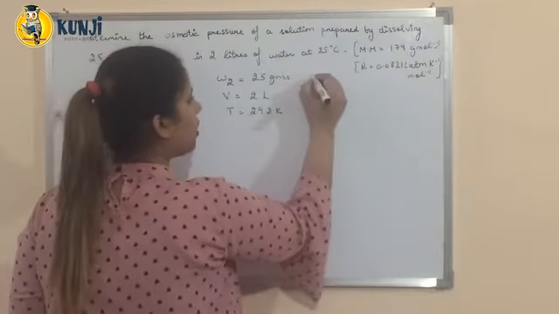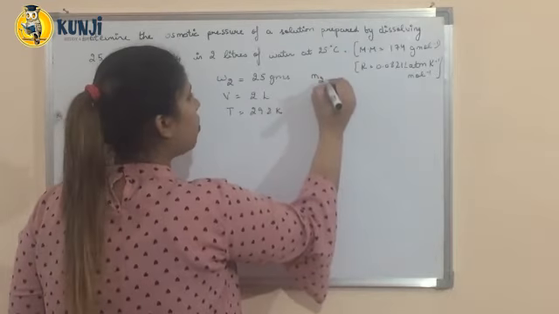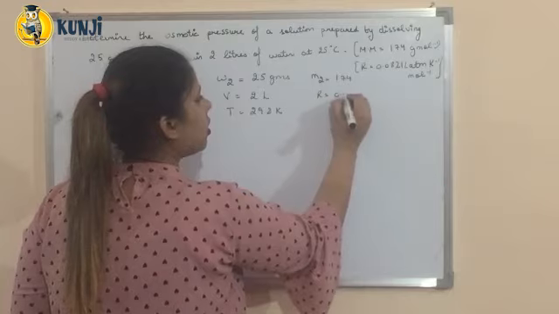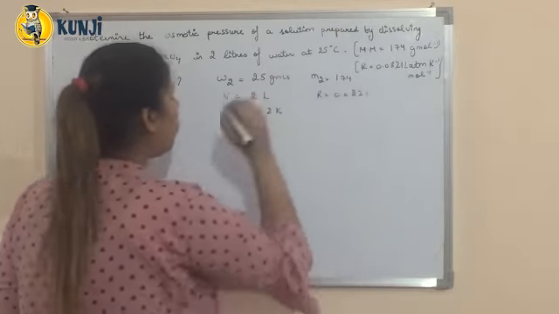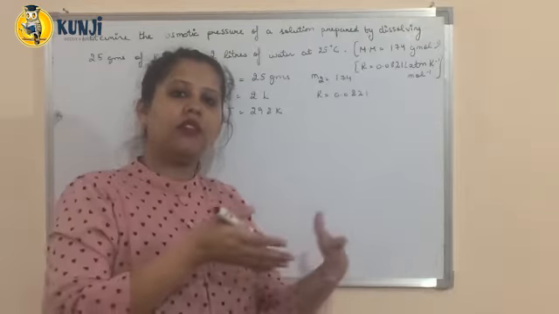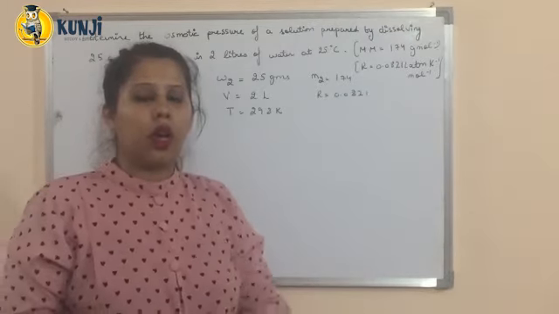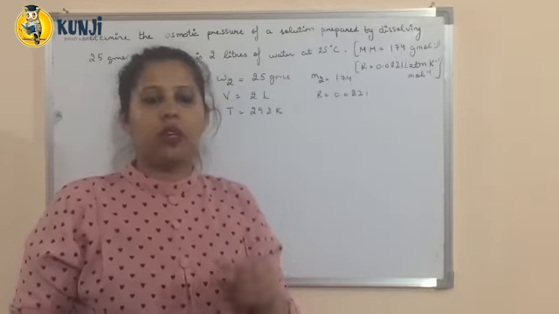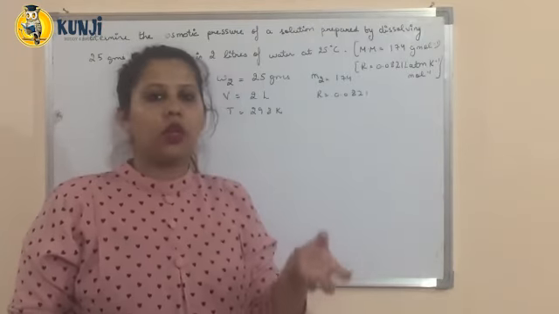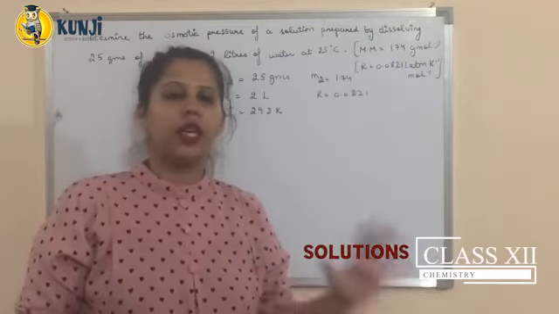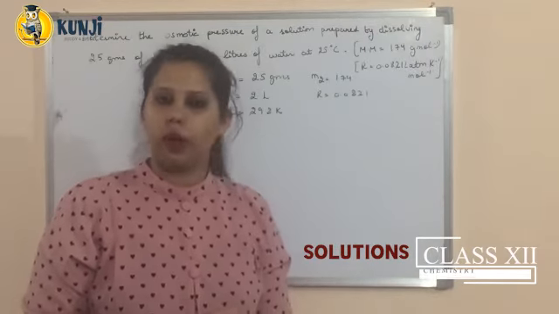The molar mass M2 is given as 174, and R is also given, 0.0821. Now how will you check whether the question is in accordance with the Van 't Hoff factor or not? You will see the type of solute you are using. If it can be dissociated or associated, then you will use the value of i. Otherwise, the formula will remain the same as we have done in colligative properties.